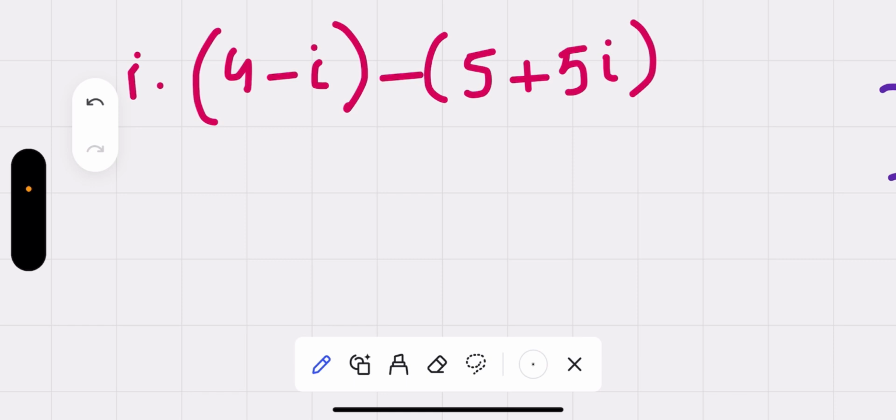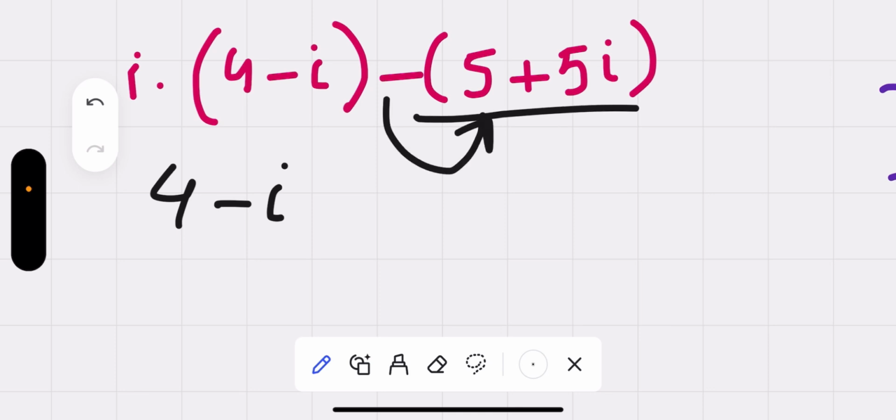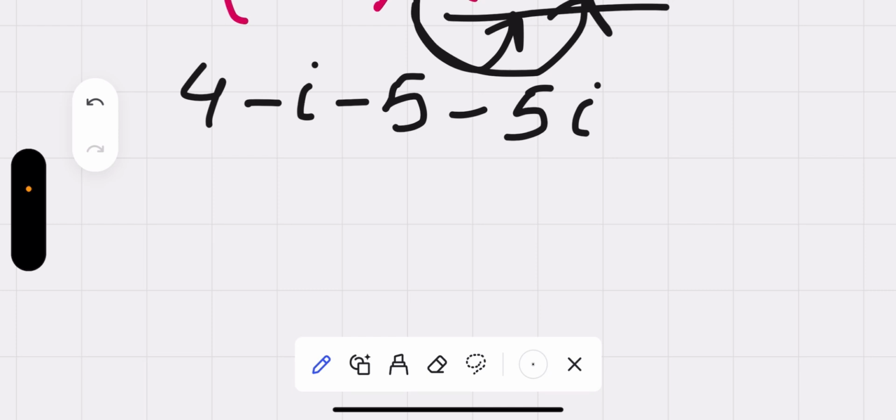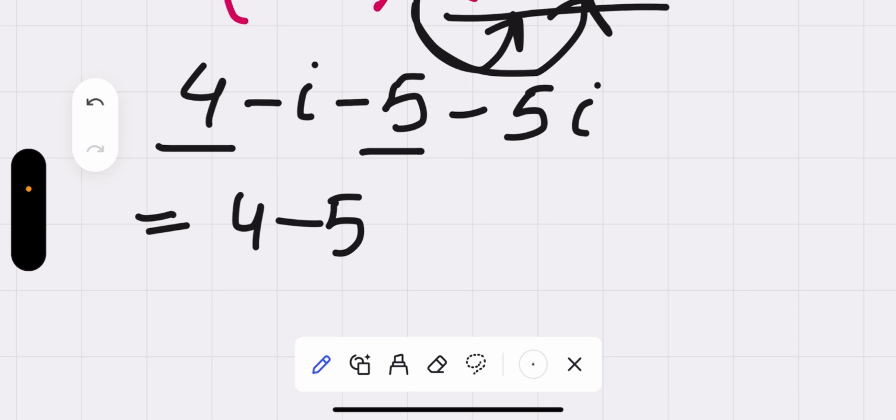Let's open the bracket: 4 minus iota. Now we are going to open this bracket, so this minus sign will change all signs of every term inside the bracket. So negative 5, and this minus will change its sign as well, so minus 5 iota. Now this is a real part and this is a real part, so we can write 4 minus 5.